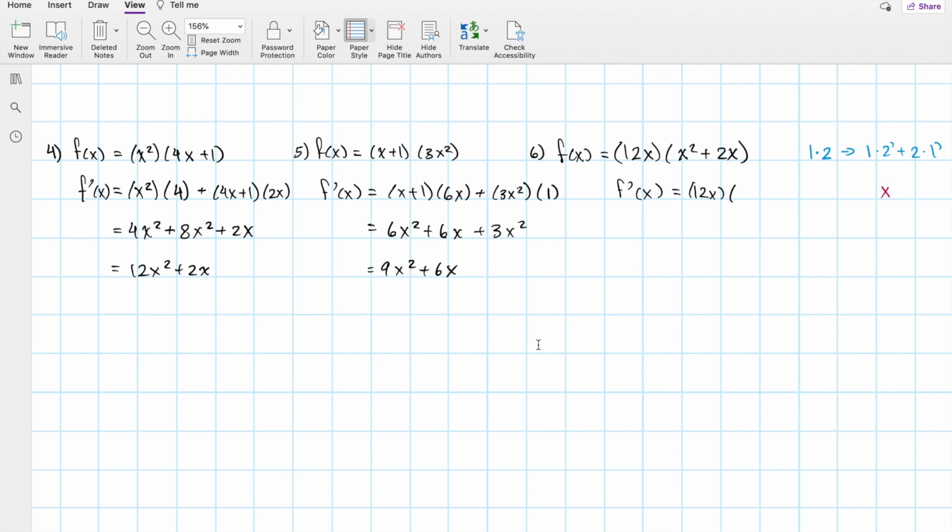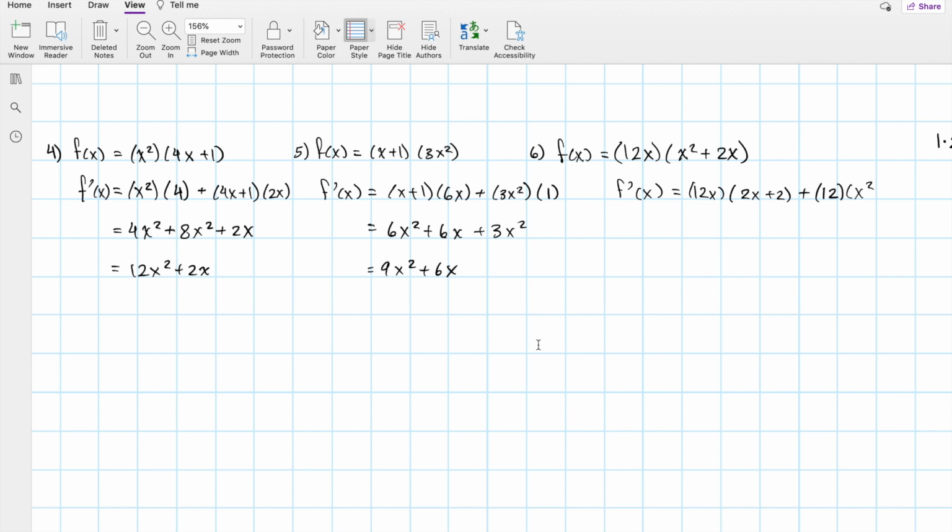So x squared plus 2x, you could take the derivative of this on its own, is 2x plus 2, plus the derivative of 12x, which is just 12, times x squared plus 2x.